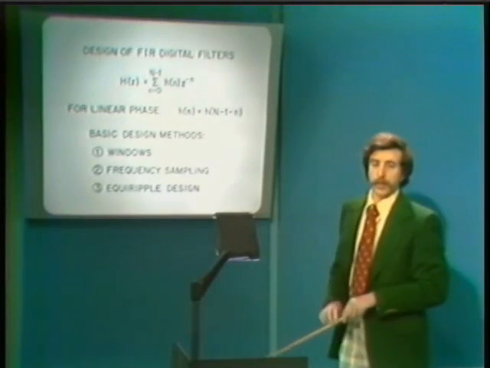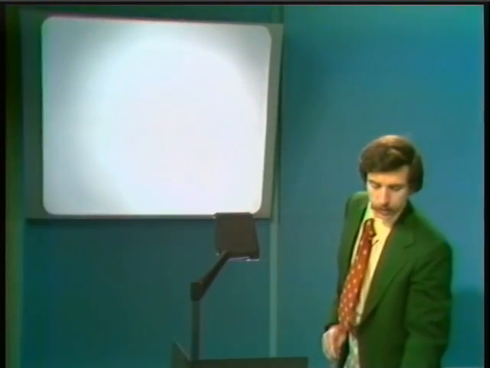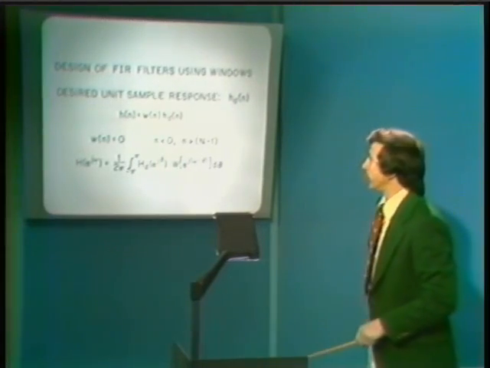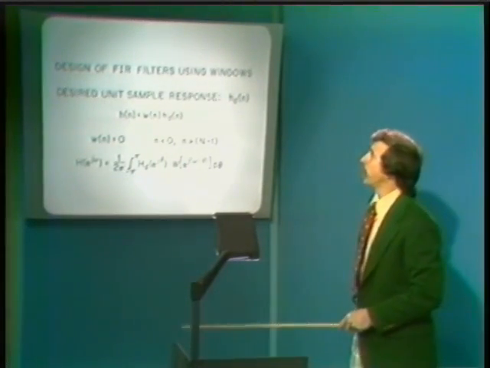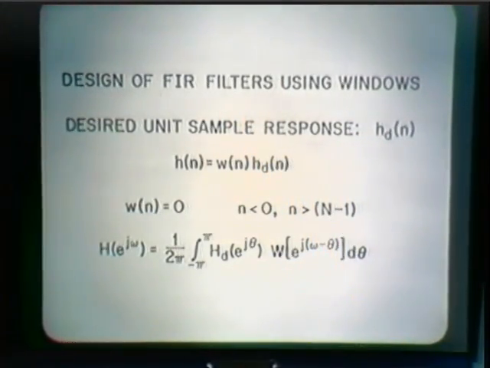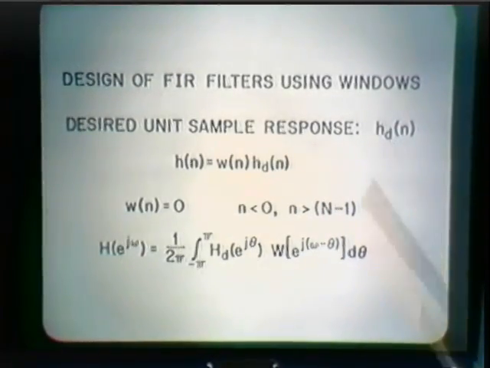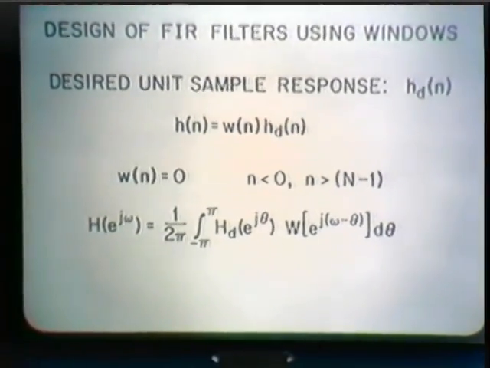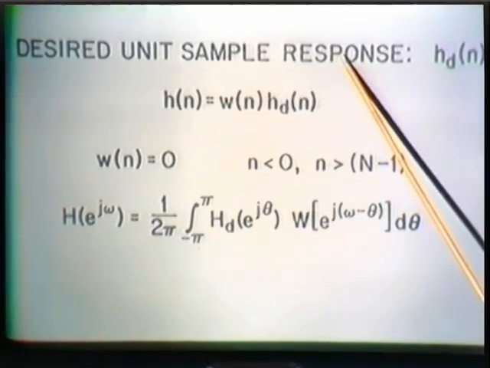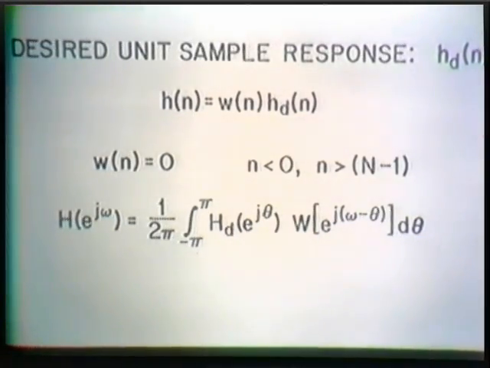Well, to begin with, the window method is basically a method based on the following strategy. Let's suppose that we begin the design of the finite impulse response filter with a desired unit sample response, h sub d of n. For example, suppose that we wanted to design a low-pass filter. We could begin with a desired unit sample response, which was the unit sample response of an ideal low-pass filter.